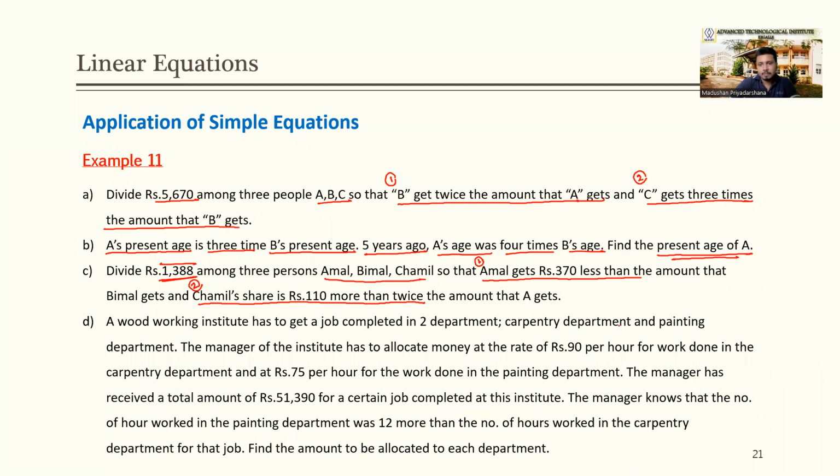For an hour worked in the carpentry department, the rate that they need to pay is 90 rupees per hour. Painting department එකේ hourly rate එක 75 rupees per hour. That is the requirement, right?